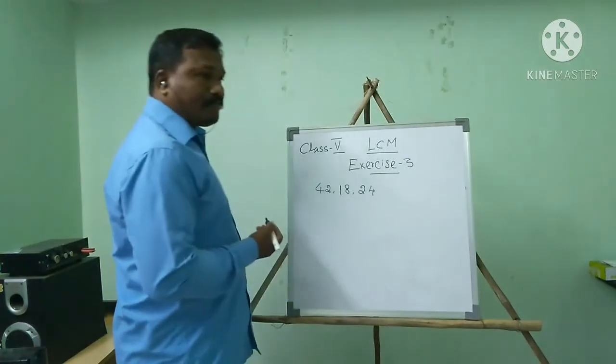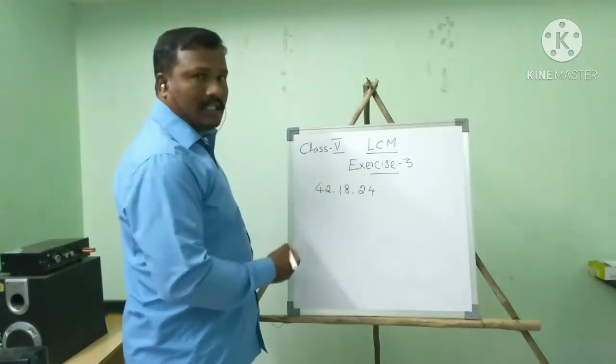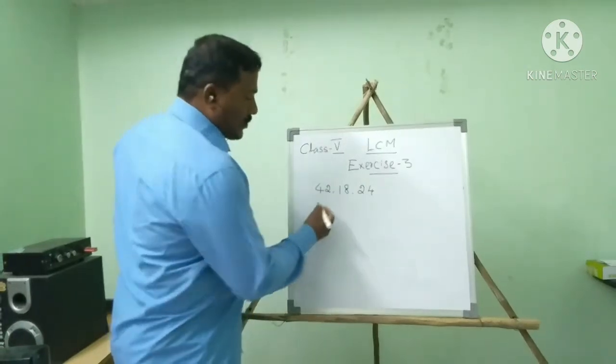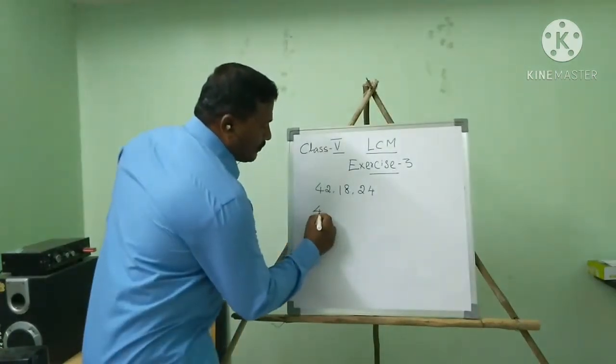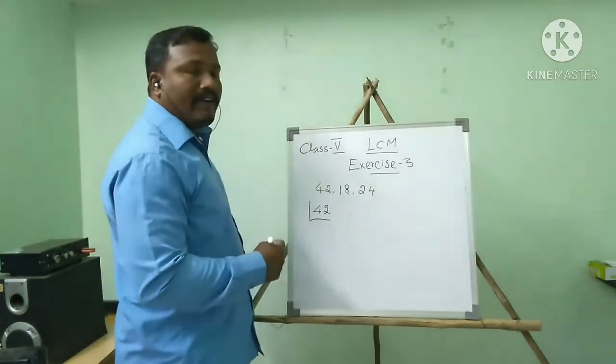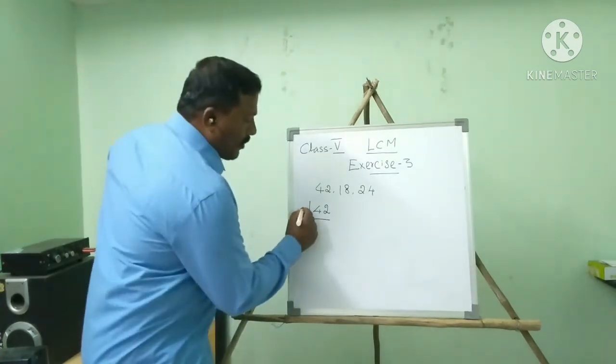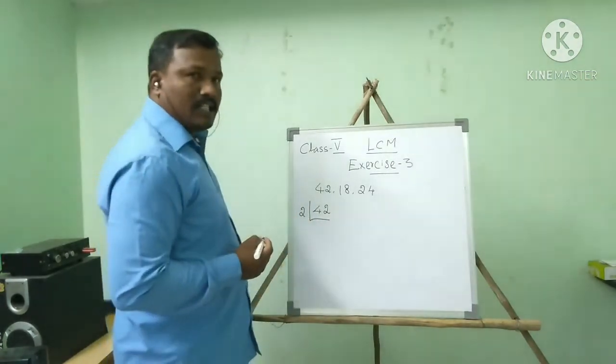You know very well the prime factorization method. First we have to find the prime factors. So I will take 42 first. You have to choose which number to divide. Now I'm choosing 2. 2 21s are 42.